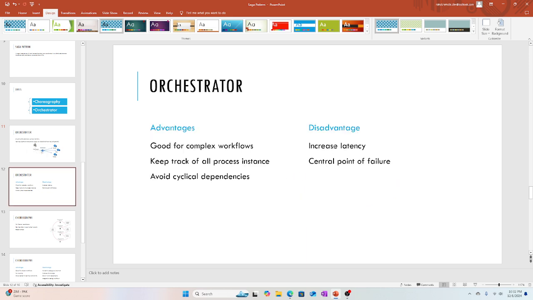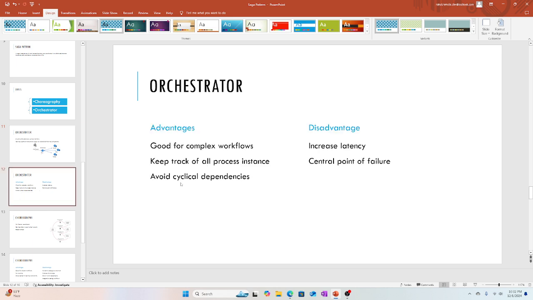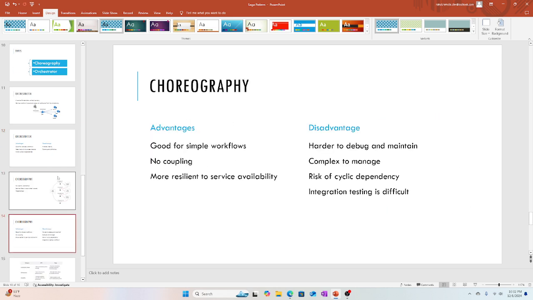There is one more disadvantage, which is increased latency. If a single service is doing all of the work, the latency of this service will increase, so performance goes down in this scenario.